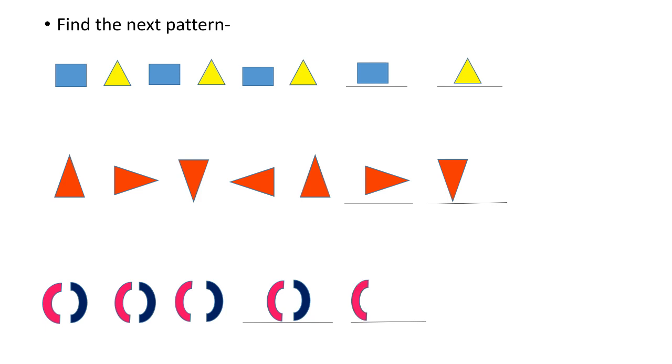Pink curve and the blue curve. Then again the pink and the blue. So in this way we find the patterns and we complete them. We observe the sequence of design, how it is moving, how it is going on, and in that manner only we complete the further patterns.